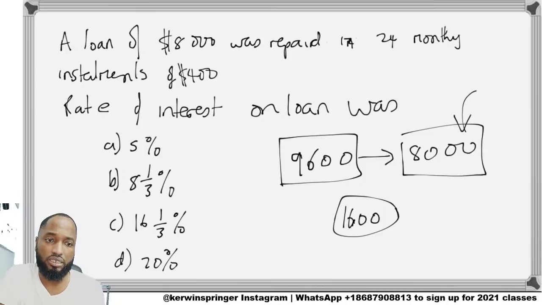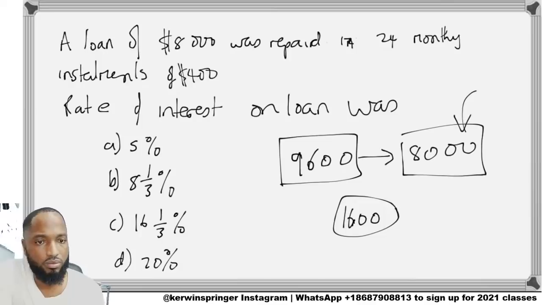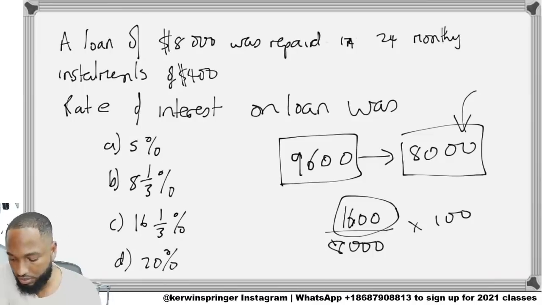Not getting the answer that you all are getting. 1,600 over 8,000 multiplied by 100.